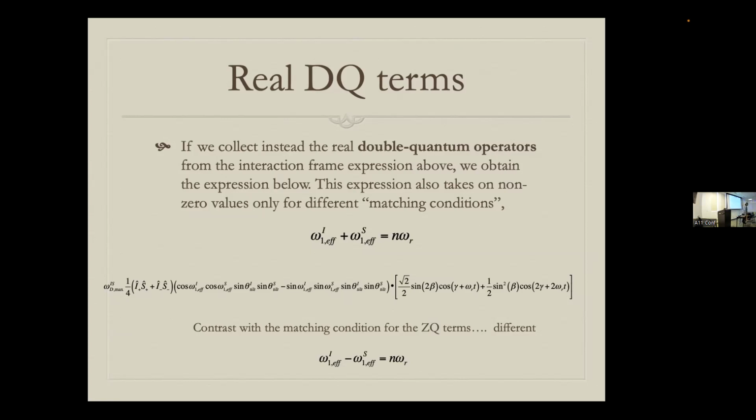With a zero quantum operator, I begin with Ix, and I end up with Sx of the same sign. And if I operate the double quantum by sitting at a different matching condition, I will end up with a flipped sign.